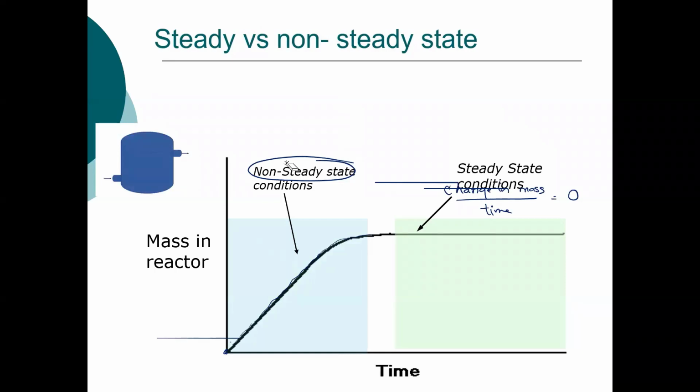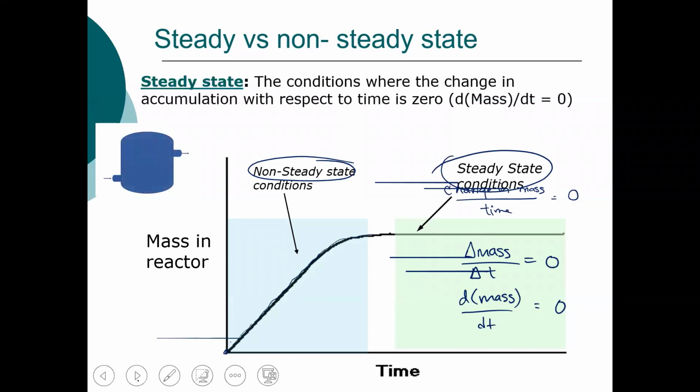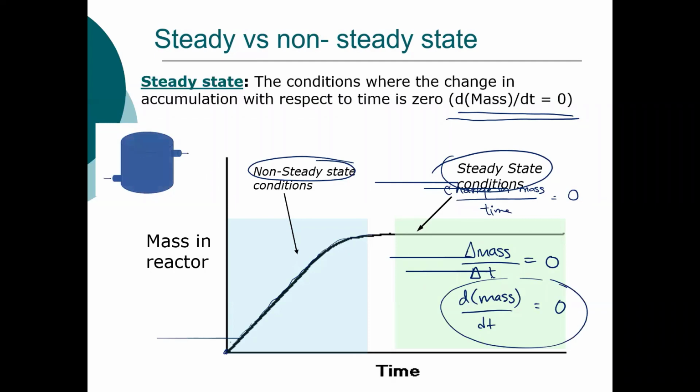And here, where the change in mass with respect to time, dM/dt, is equal to 0, we have steady state conditions. So when we talk about steady state conditions, this is what we're talking about. The change in mass with respect to time is equal to 0.